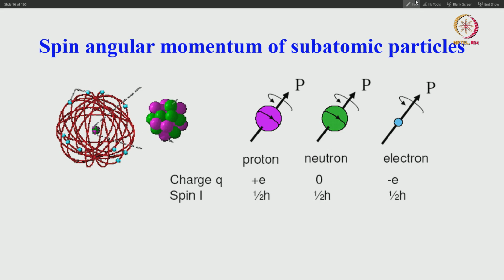If you understand quantum mechanics, you may already know there is spin angular momentum of some subatomic particles like protons, neutrons, electrons. They have spin angular momentum. For example, the proton has positive charge and spin half, the neutron has charge 0 and spin half, the electron has negative charge with spin half. These individual particles have their own spin.